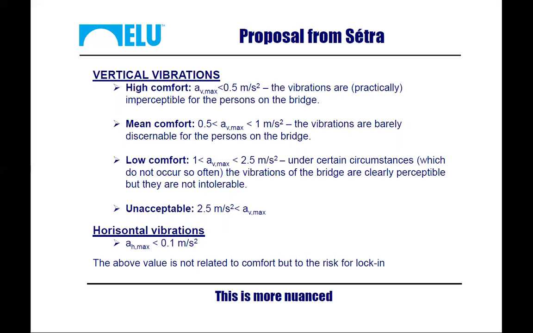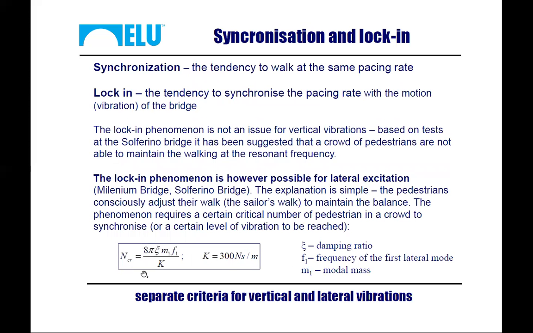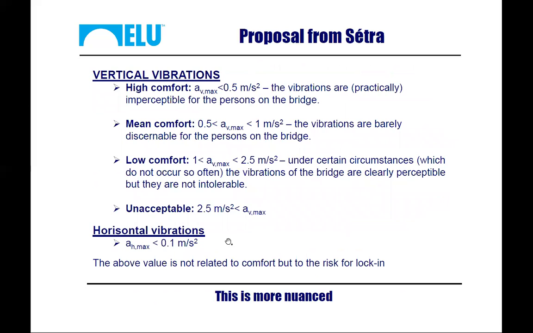Now, what's the assumption behind this? Essentially, the condition expressed in terms of critical number of pedestrians or in terms of maximum value of the horizontal acceleration expresses the same thing.